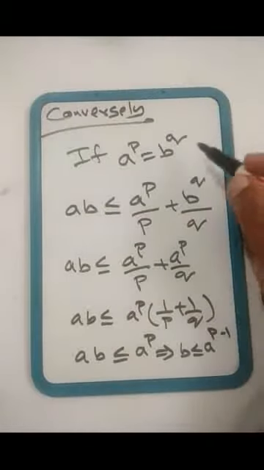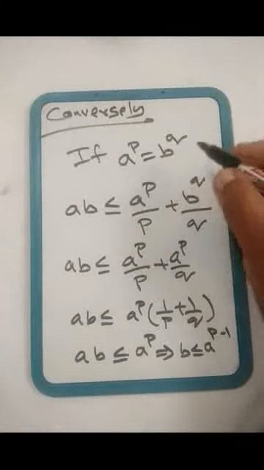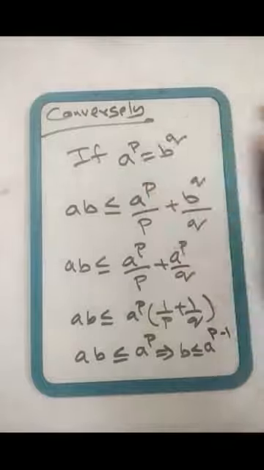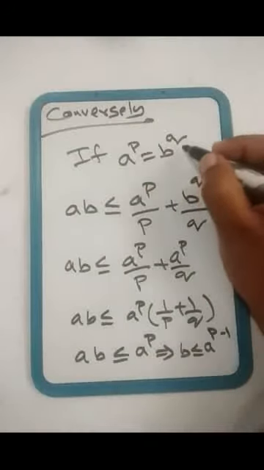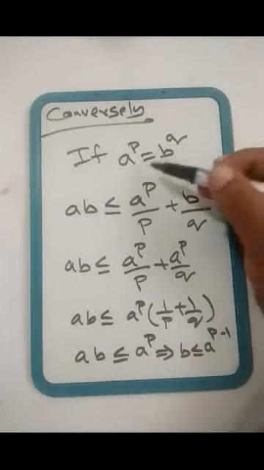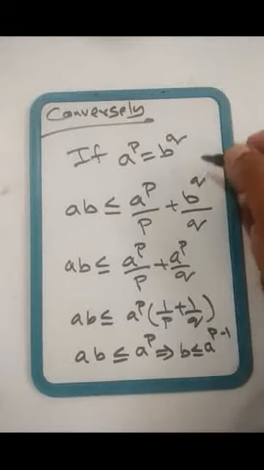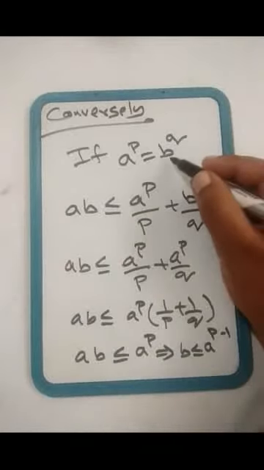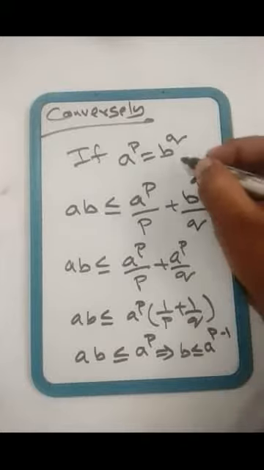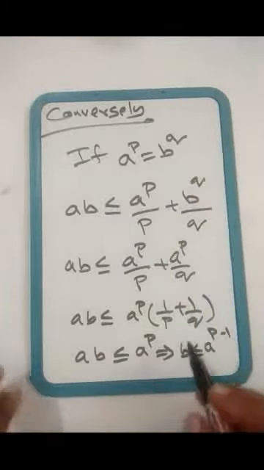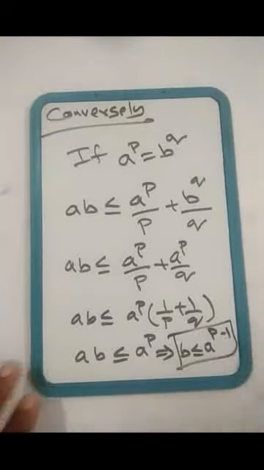But if you look at this case, what is this condition itself? A raised to p is in fact b raised to q. So we have got this condition from the inequality.